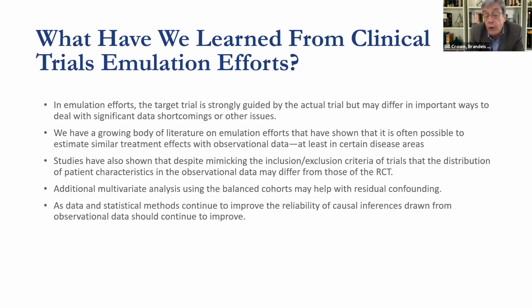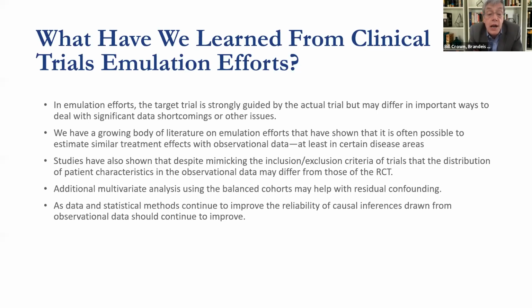And there may be unobservable things that are correlated both with the treatment selection in the observational data and the outcomes, which could introduce bias. But just because the characteristics are different in the observational data and the randomized trial doesn't mean that we can't control for them through the multivariate analysis. That's an empirical question, whether it's possible to control for those.